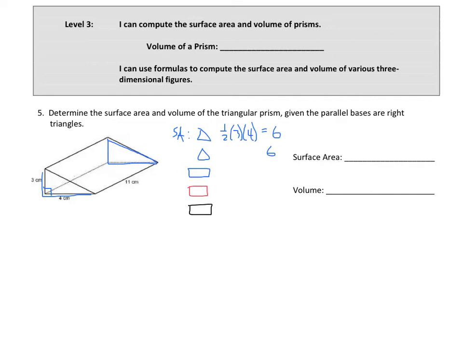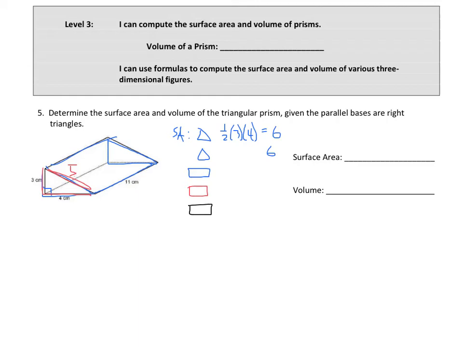Now I want to find the area of all the rectangles. So if I start with the top rectangle, I'm actually missing the length of this side right here. But I can use my right triangle knowledge to find that length. I can do Pythagorean theorem. If I know my Pythagorean triples, I might know that this is a 3, 4, 5 triangle.